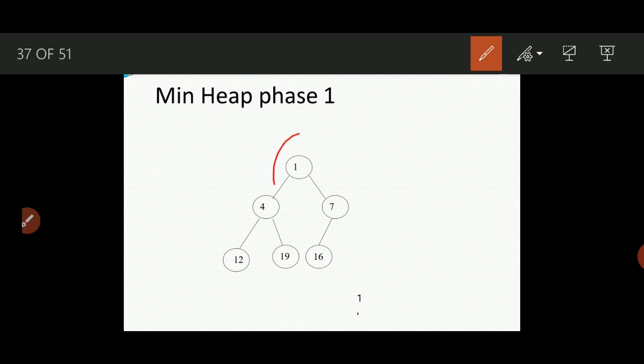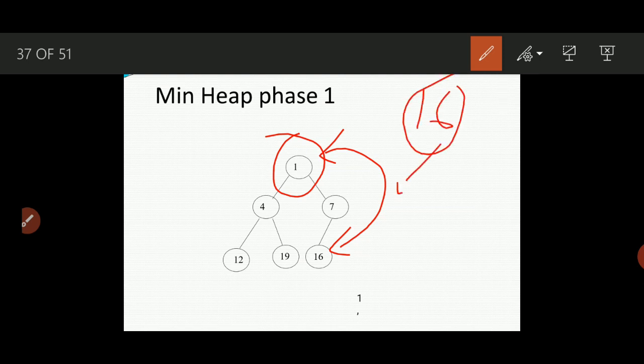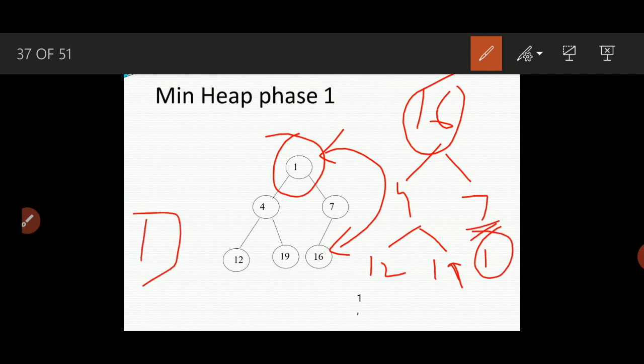Okay, if we want to extract from the min heap, then you take the 1. This is swapped with the last index value: 16 and 4 and 7 and 12 and 19, and here is 1.